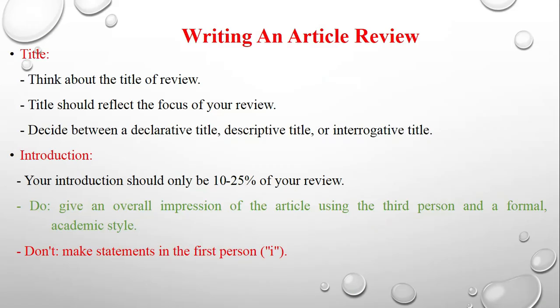After all these things, you might be able to think about the title of your review paper. Your title should reflect the focus of your review, and you decide between a declarative title, descriptive title, or interrogative title.